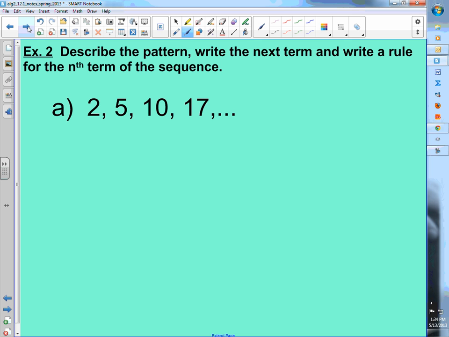So you're adding consecutive odds, starting with 3, and you're going to continue to add a consecutive odd. I'm not interested in rules for the next term in the sequence. I just want you to see, oh look, +3, +5, +7, so the next one is +9, and so forth. Okay?